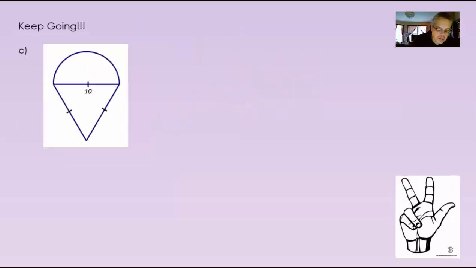Let's try this one. This is an equilateral triangle here. And only one side is labeled, but we know they're all the same. So this side is 10, this side is 10. And remember that we don't need this 10, that's not part of the perimeter. We do need to realize, though, that the radius of the semicircle is 5. Okay, let's do it. We have the 2 straight sides, 10 plus 10, and we have half the circumference of a circle.